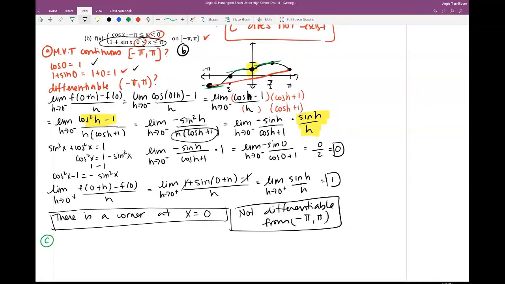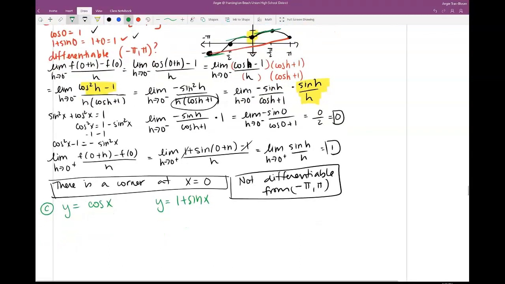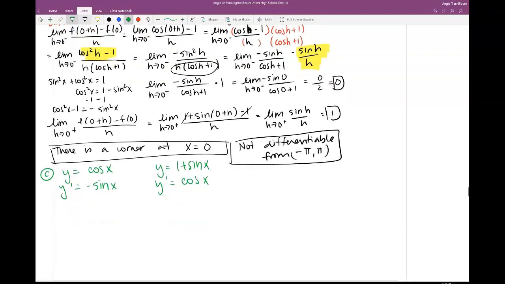Our piece y has two pieces. The first piece is y equals cosine of x, and the second piece is y equals 1 plus sine of x, okay? I'm just going to take the derivative separately and then put it together. I hope that's okay with you. y prime equals negative sine of x for that piece. For the other, the derivative of 1 is 0, and the derivative of sine is cosine of x. So now I can put them together.